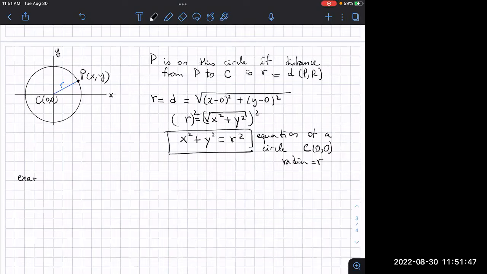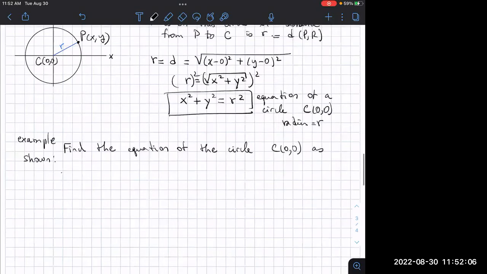Okay, so example. Find the equation of the circle with center at the origin as shown. X and y axis, and say this point is 7, 0. And of course the origin is 0, 0.